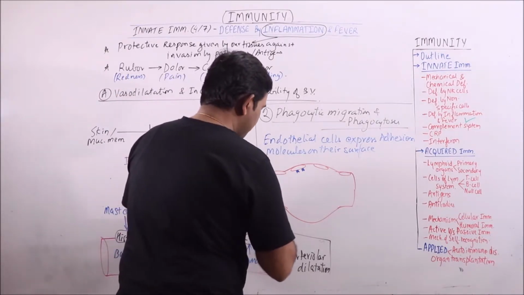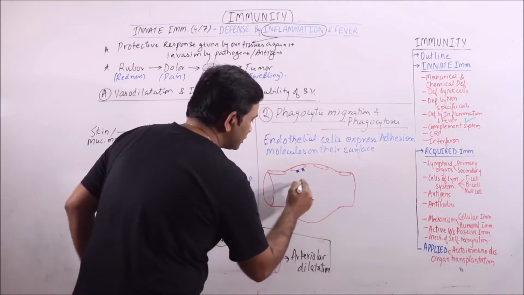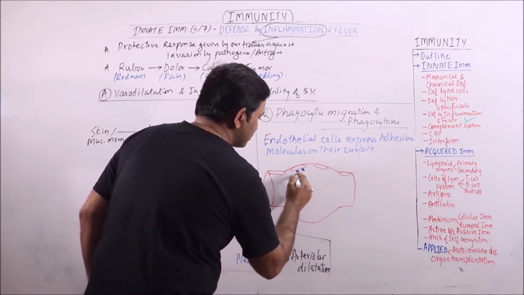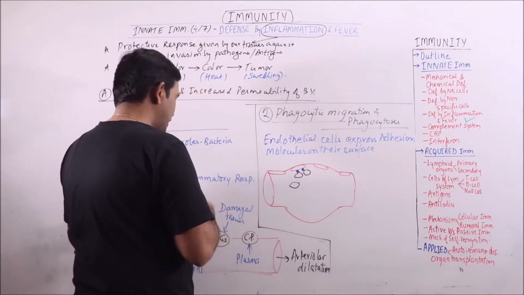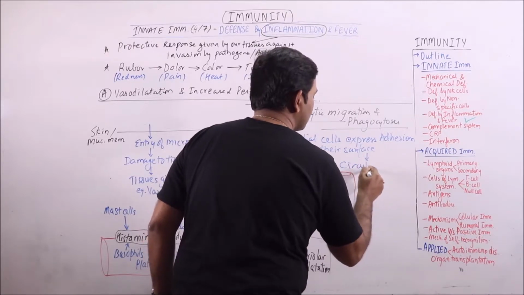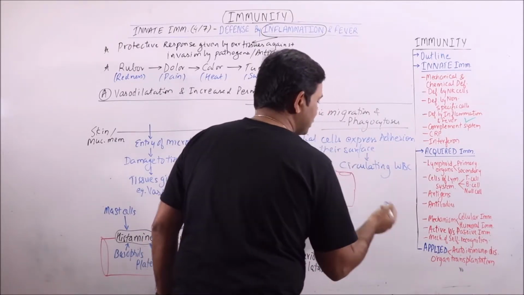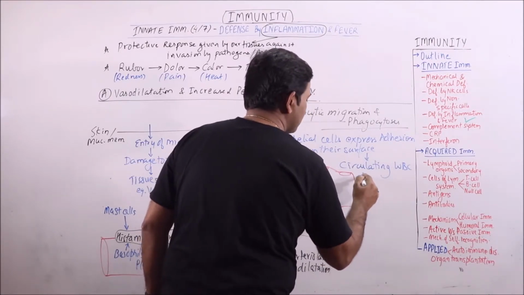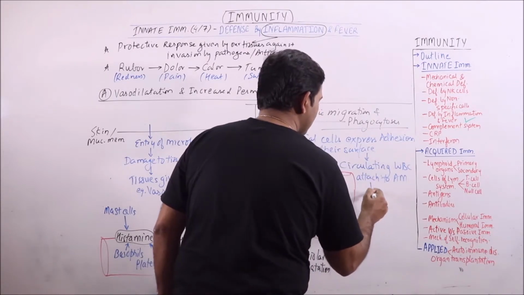Now, as a result, the circulating WBC, especially phagocytes, start adhering to these adhesion molecules.